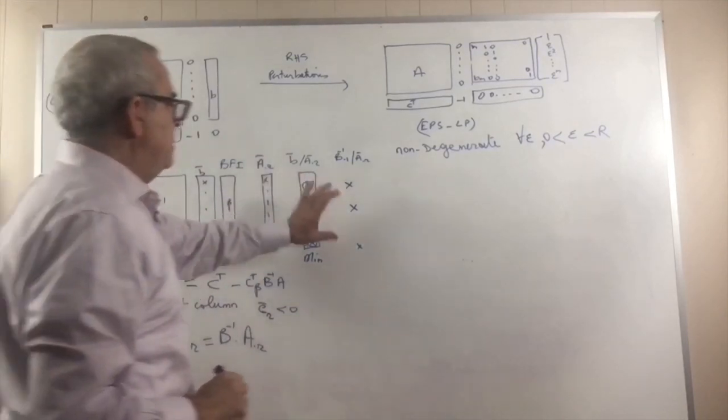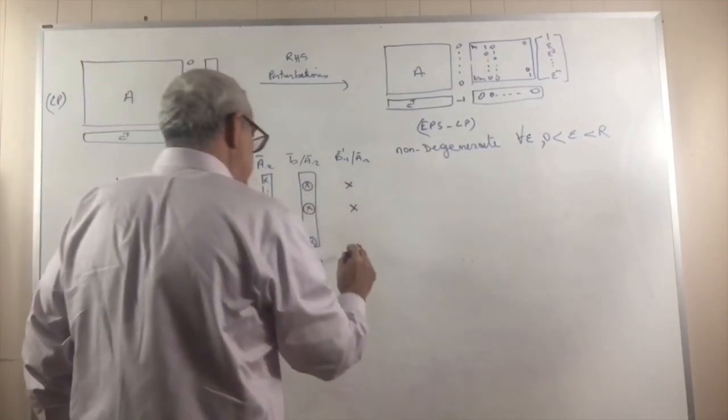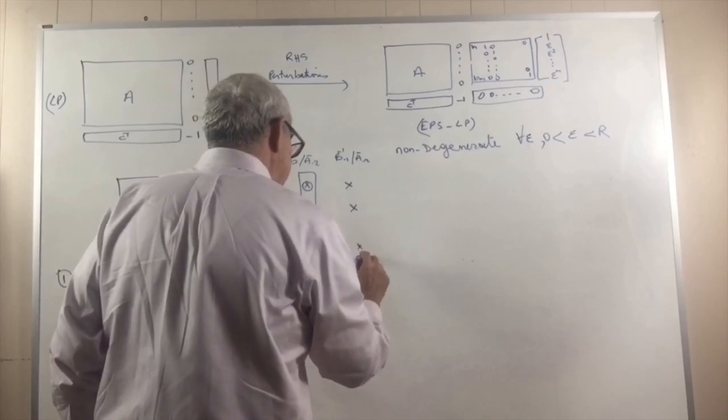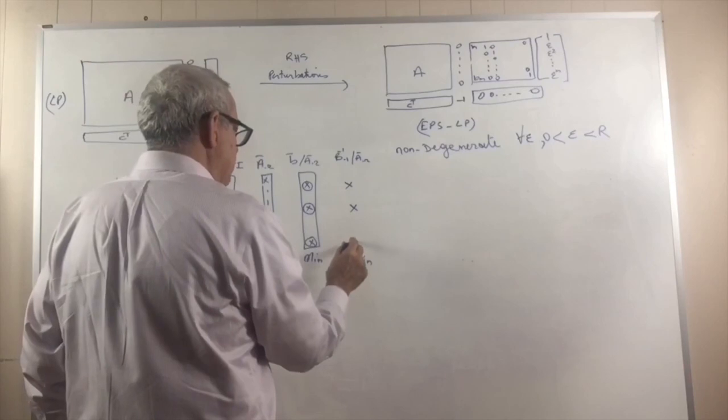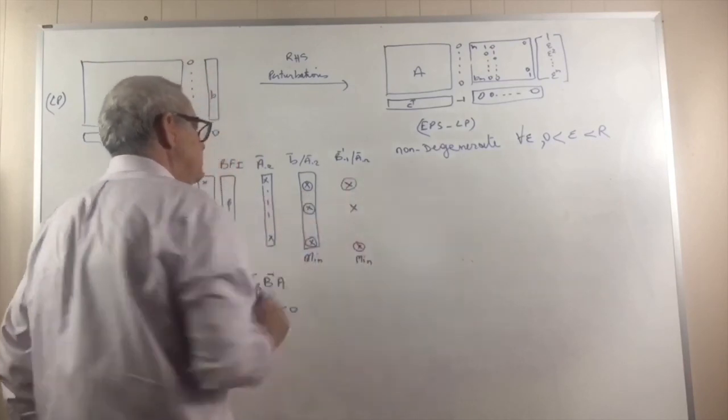Only these three. Then we take the min here also. And let's say this drops off, and I am left with only 2.